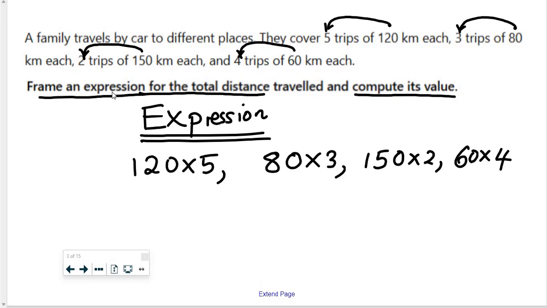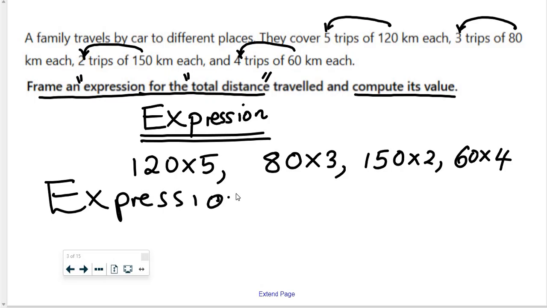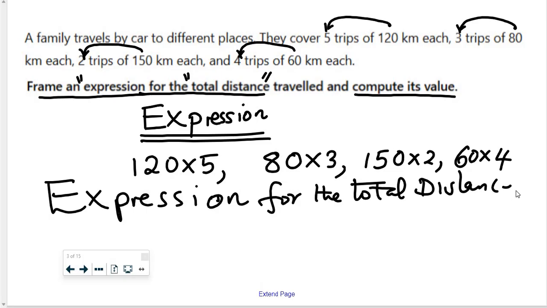Now, the expression for the total distance. What are we supposed to do? You take these individual expressions, then add all of them.